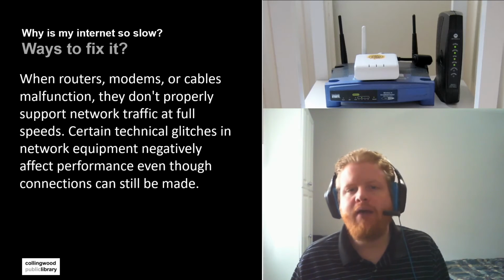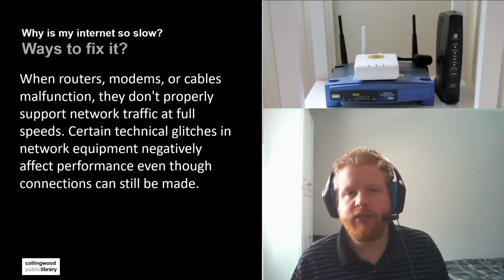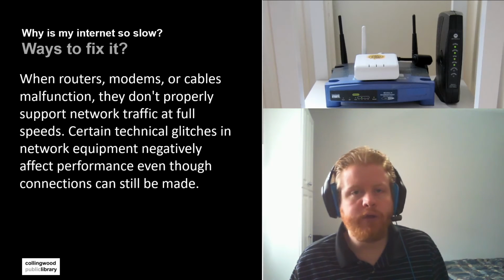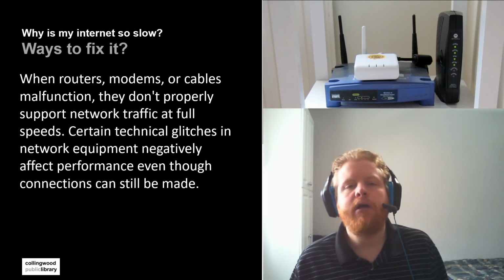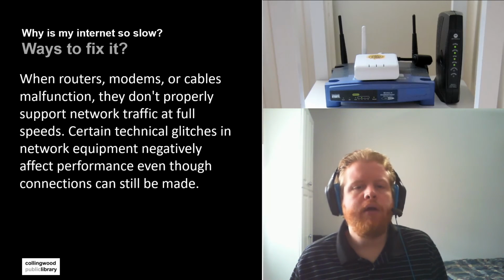So if you have an older router, generally you might have to contact your internet provider, see if you can get an upgrade or change out your unit, especially if you think that's the root of the problem.